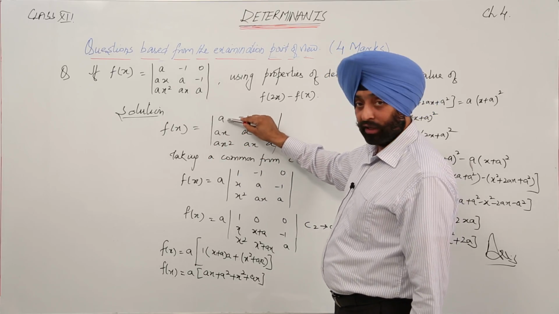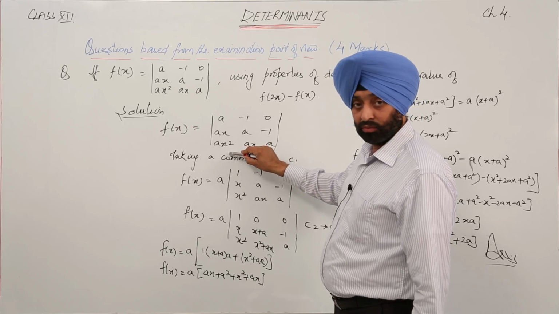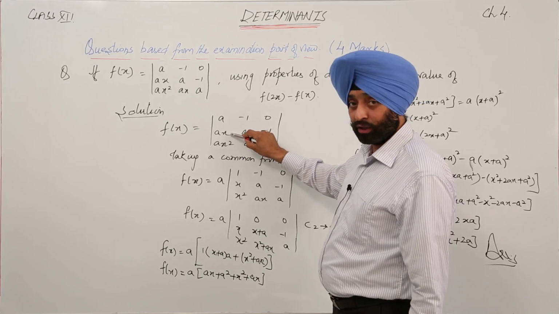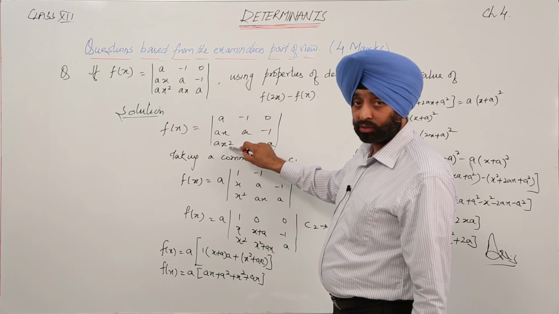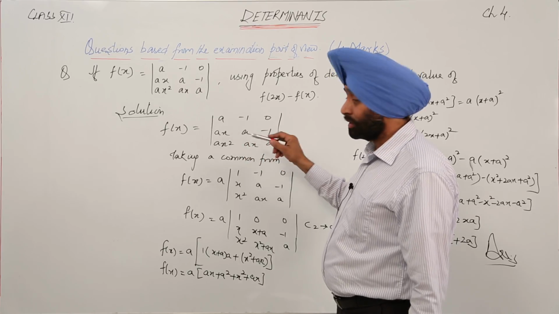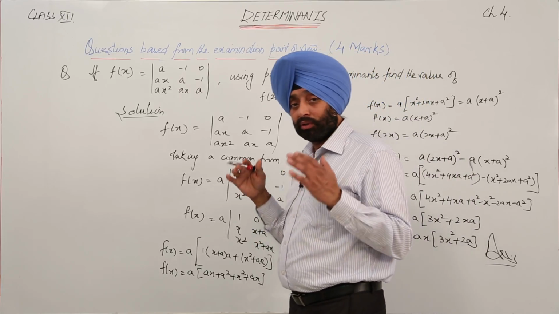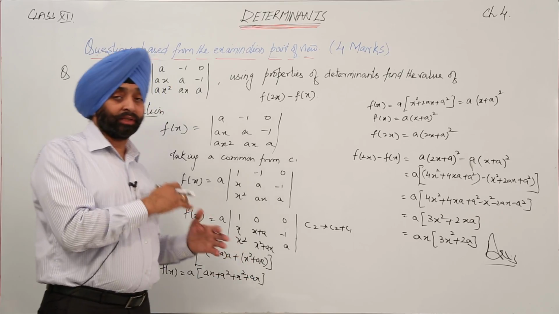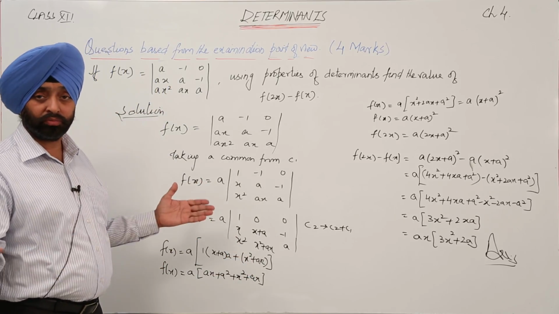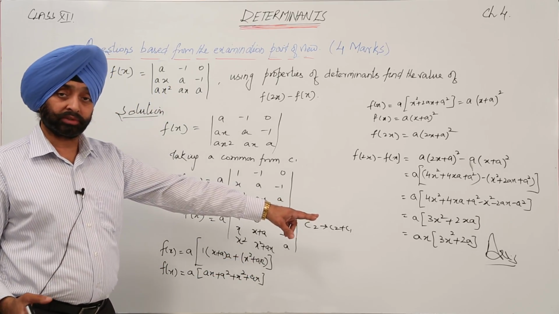They will be writing a with 2x, in place of x we have to write 2x, here a with 2x whole square. Okay, so here there can be some mistake, but if you are converting 2x also in the determinant, x is already in the determinant, then you are going with the properties, no matter, but your answer should be this one. Okay.